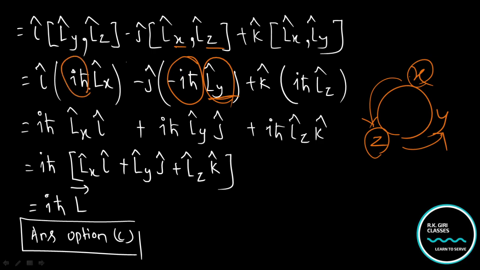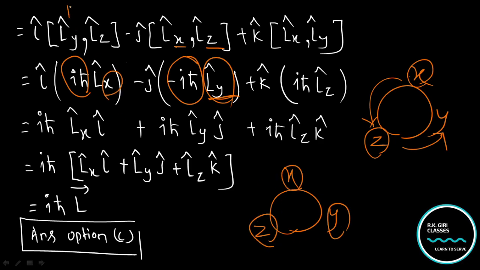In this case, plus iħ, because you are moving like this, X Y Z, that is Y Z. The next number will be X, and you have angular momentum commutated with angular momentum. The result will be angular momentum, that's why this is LX. And plus iħ, this is clockwise rotation. Clear this part? This is anti-clockwise rotation, that is minus iħ, and clockwise is plus iħ.